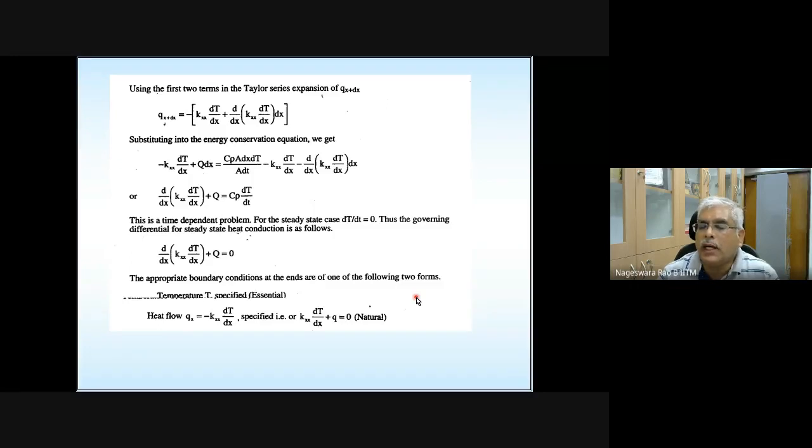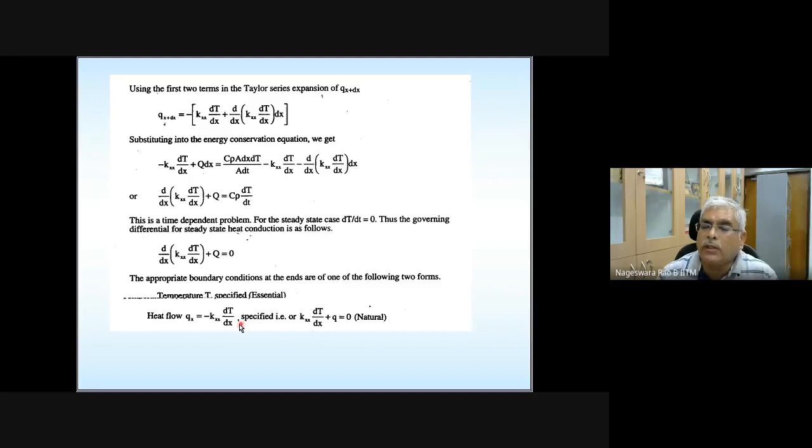Obviously, temperature is the unknown quantity. Essential boundary condition is temperature specified at one location, or heat flow specified at another location. Heat flow can be specified or temperature can be specified.